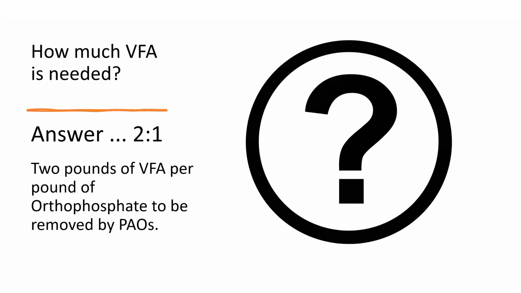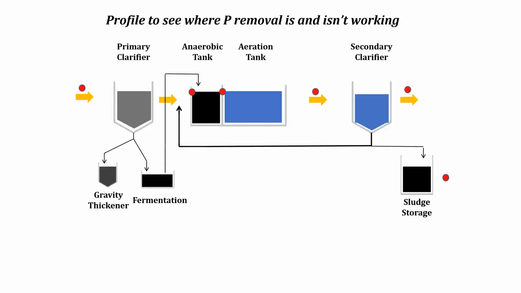So if you have a side stream fermenter creating volatile fatty acids, and you're pumping volatile fatty acids into the anaerobic tank to feed the phosphorus accumulating organisms, you need, and unfortunately it's in pounds, not milligrams per liter, twice as many pounds of VFAs coming in as there are pounds of phosphorus entering.